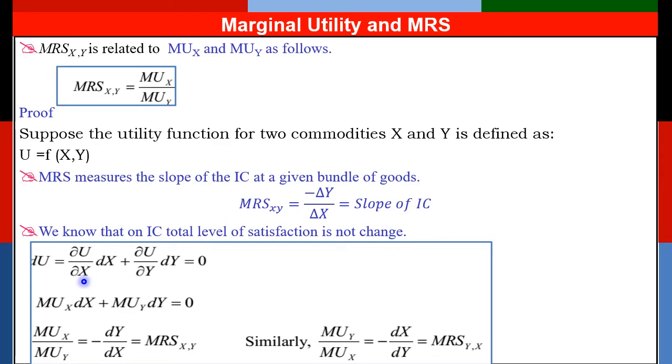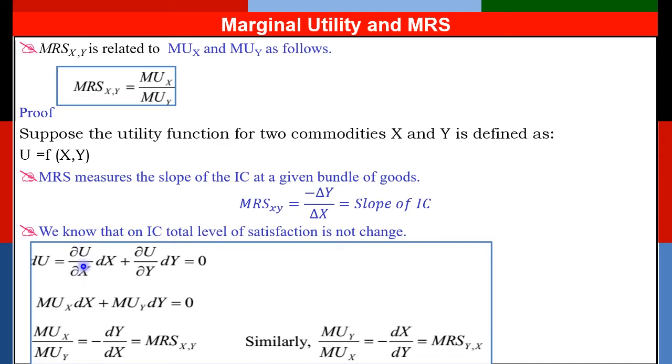Therefore, you know that the partial derivative of utility with respect to x is nothing but change of utility over change of quantity. And you know how to find the marginal utility: the marginal utility is the change in total utility over the change in quantity, which we already learned in our last discussion.